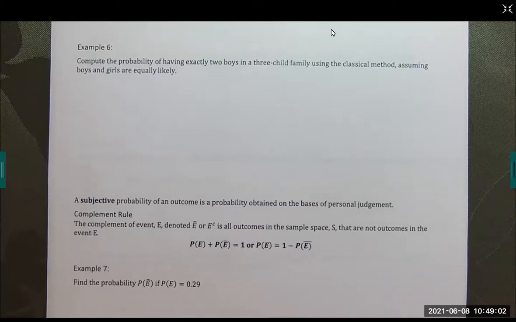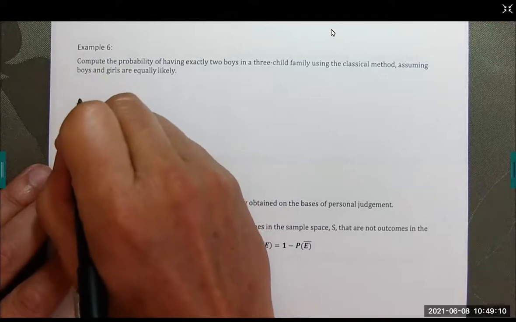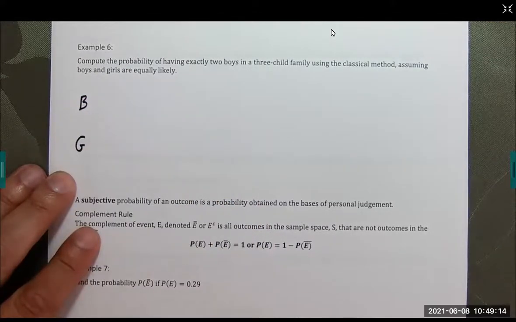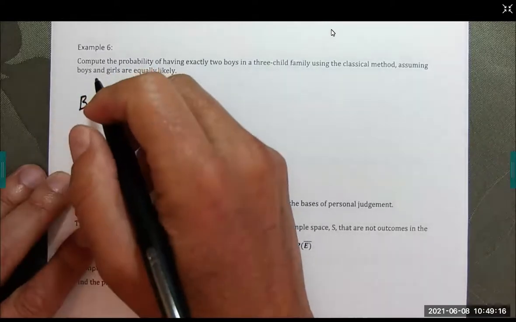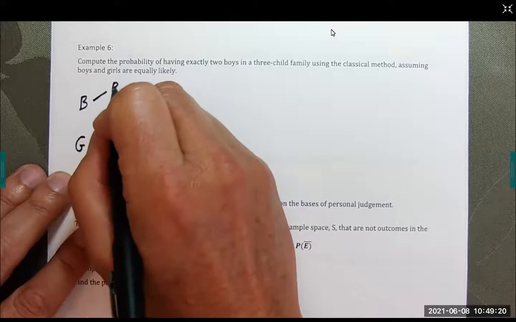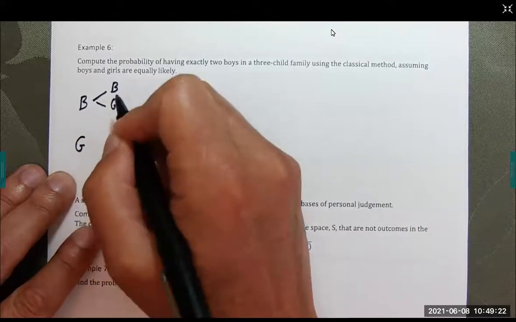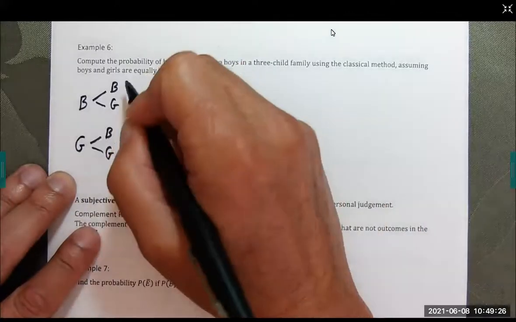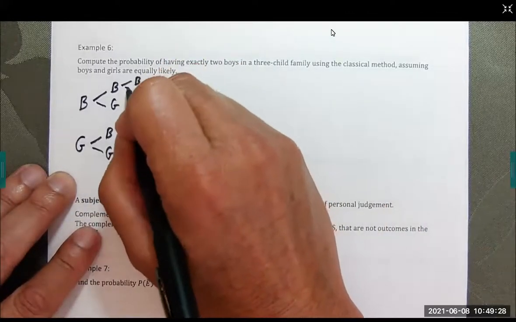And I'm going to actually write out all the possibilities. So we have boys and girls. And a 3-child family. So that means the next child is either going to be a boy or a girl. The 3rd child is either going to be a boy or a girl.